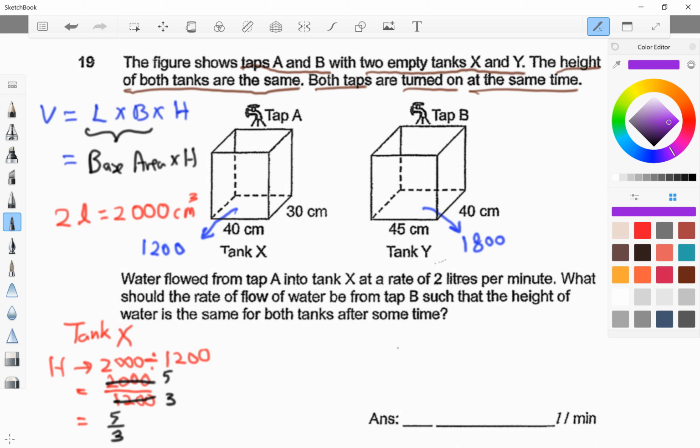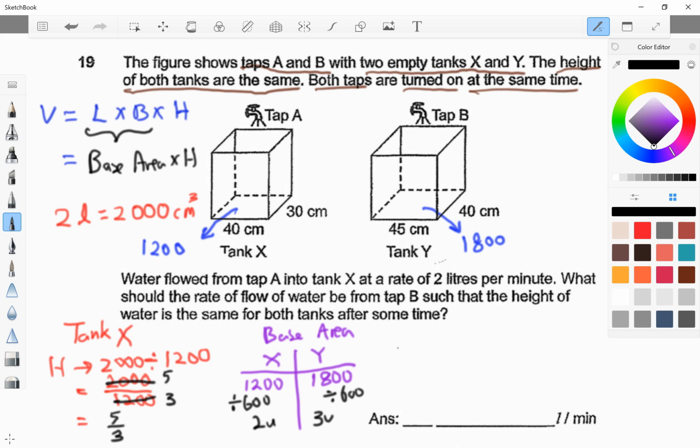If I compare the two base areas, X is 1200 and Y is 1800, and if we work out the simplest form for these two base areas, you will see 2 units and 3 units.